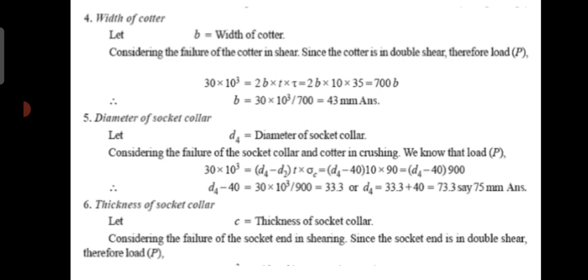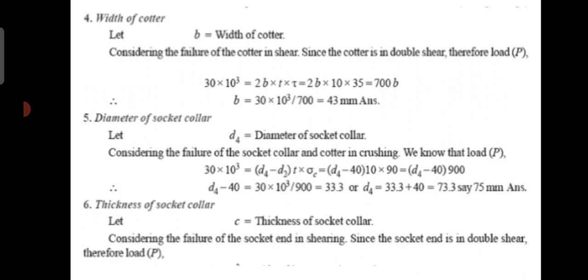Then we are going to find the diameter of the socket collar. Let d4 equal the diameter of the socket collar. The suitable formula is P equals pi by 4 into (d4 square minus d2 square) into sigma c.